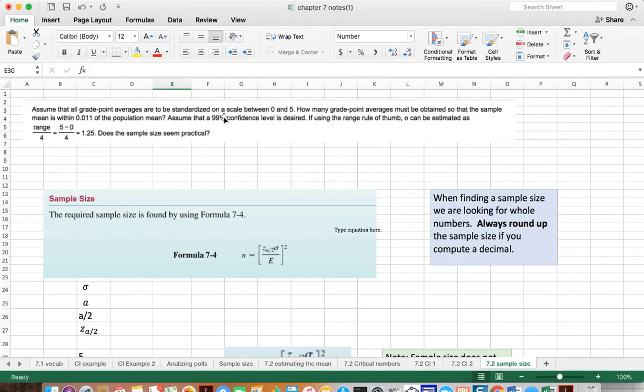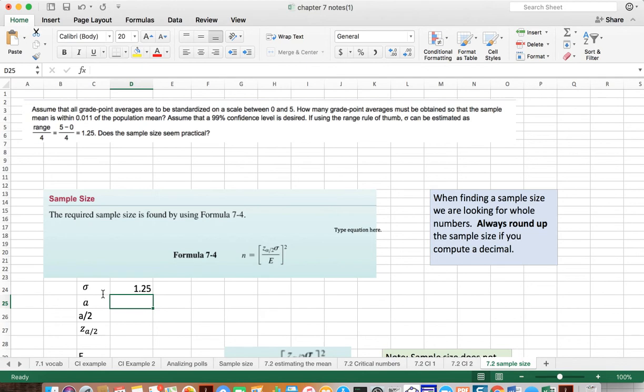Okay, so by the range rule of thumb, we're going to estimate the population standard deviation of GPAs as 5 minus 0, because that's our range, divide by 4. 1.25 is our estimated population standard deviation.